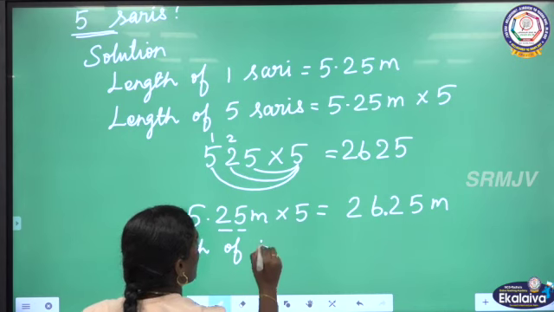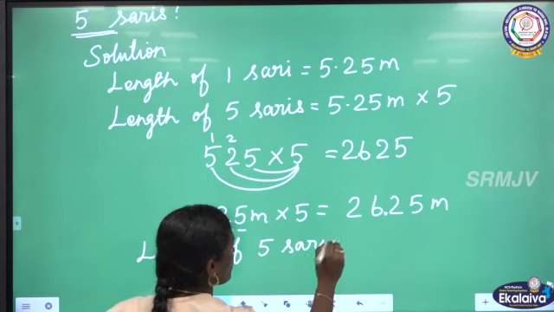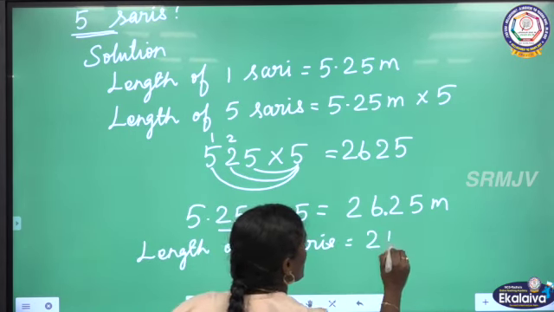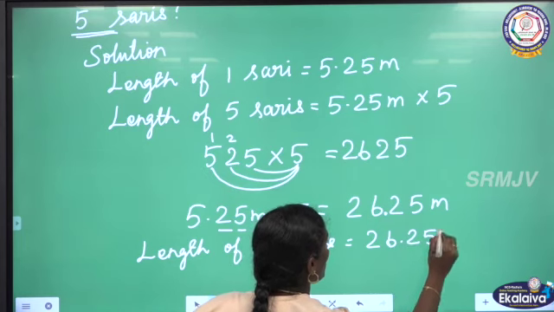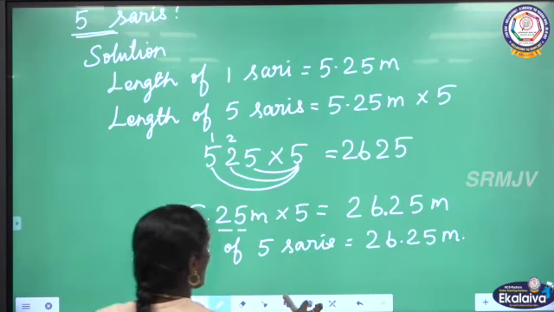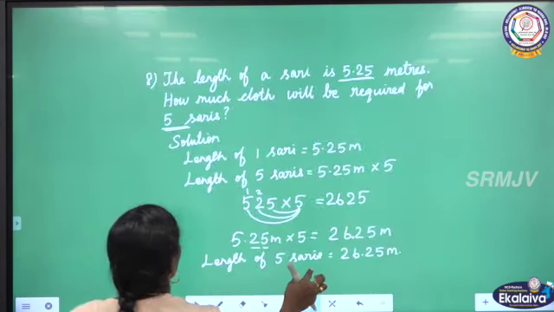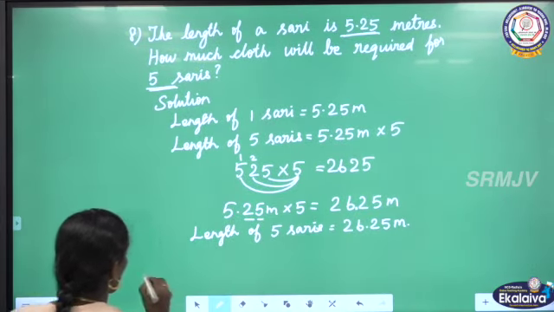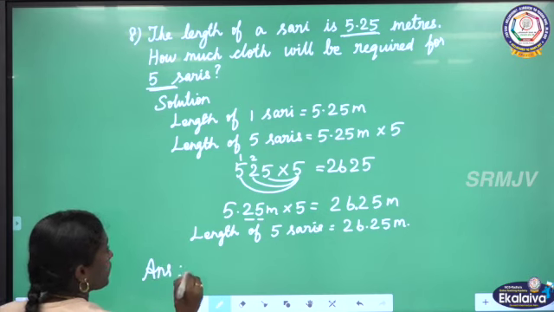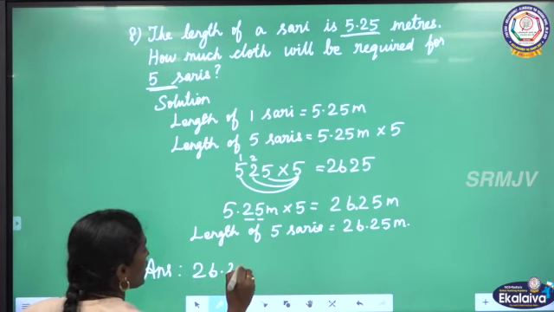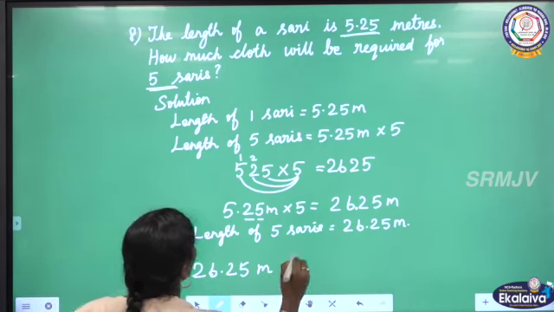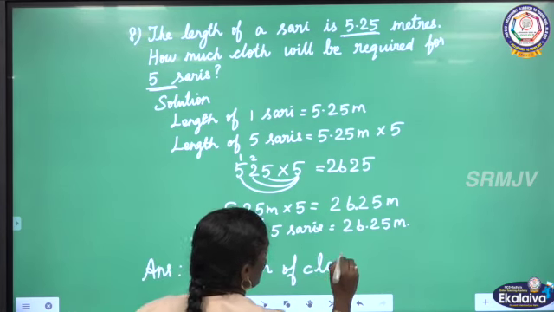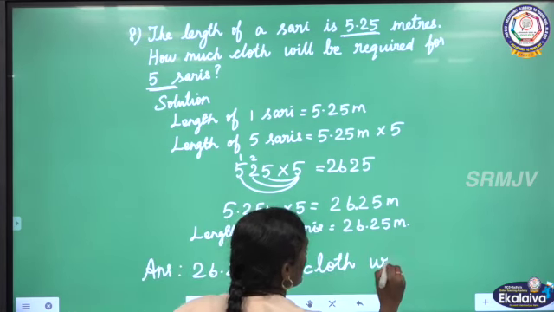Length of 5 sarees is equal to 26.25 meter. So how much cloth will be required for 5 sarees? Answer: 26.25 meter of cloth will be required.